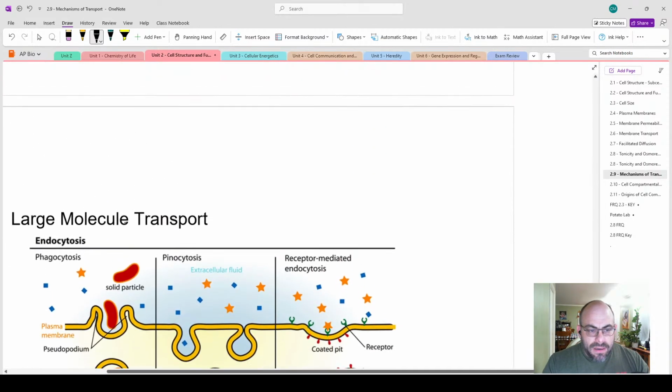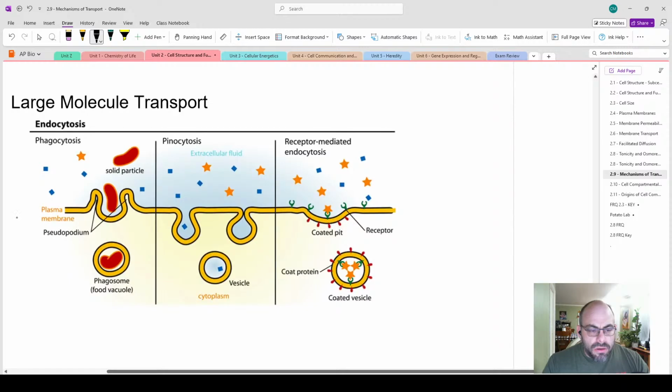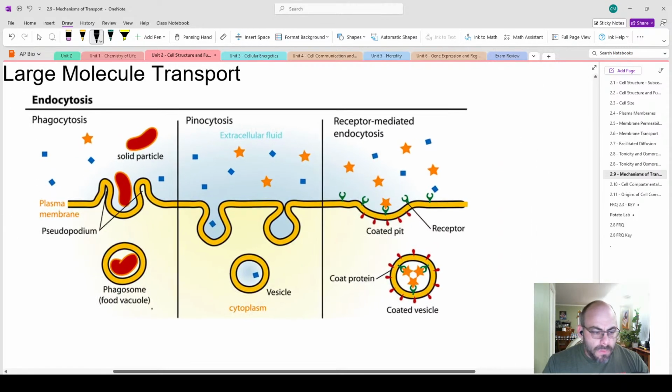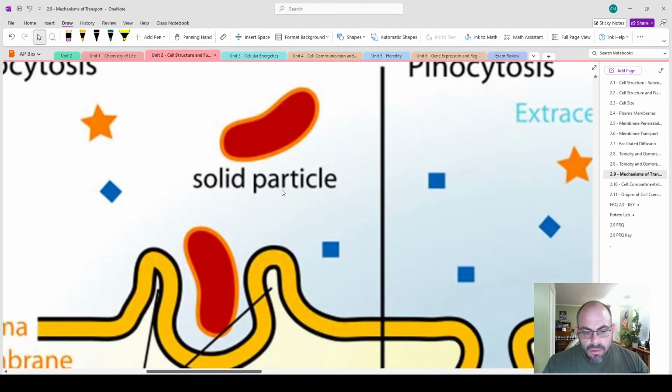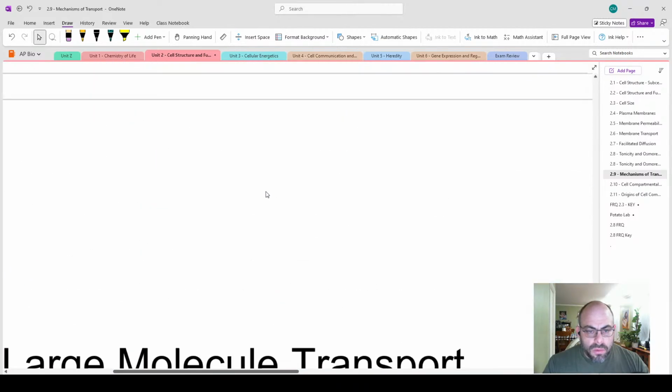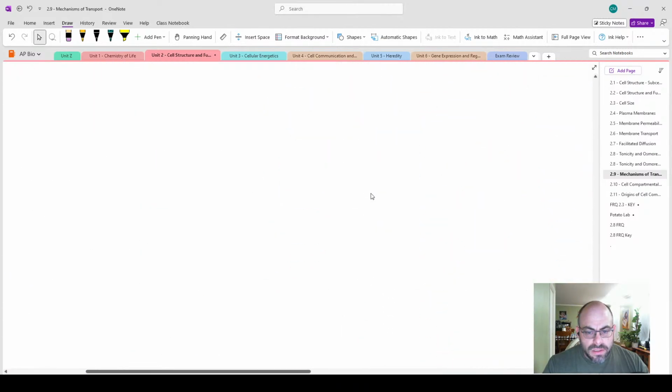And then we talked about large molecule transport. We mentioned this a little bit the other day when we were talking about endosymbiosis, right? And how does a cell take in a giant bean like this rather than normal purple dots and blue dots?